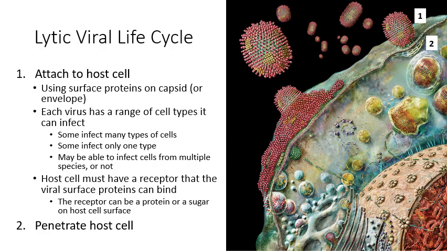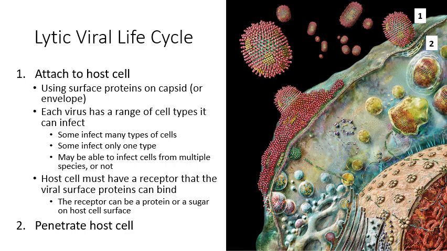So there's some viruses that will infect pretty much any one of your cells. There's other viruses that can only infect a few cell types or even just a single cell type. One of the more famous examples of that would be HIV, which basically uses a particular kind of immune cell as its host, rather than any other kind of cell in your body.